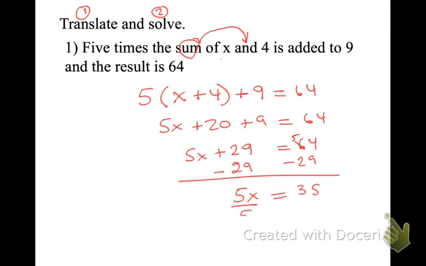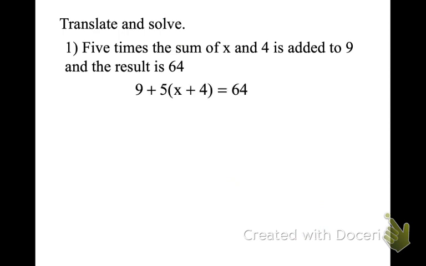Wow, we're getting close, and it's looking like a very pretty number. x is equal to 7. So my solution is 7, and I've translated. I've done both things that they're asking for. Translate and solve. Pause the recording if you need to write that down.